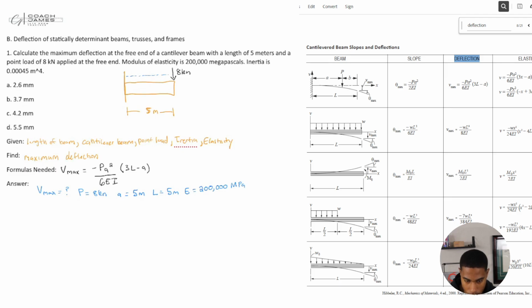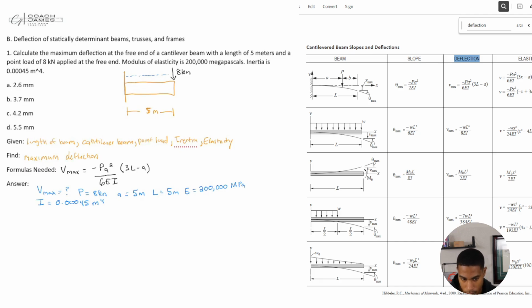Okay. What about I? I is equal to 0.00045 meters to the fourth. Anything else? I think we've written out everything, so now it's just time to plug and chug.